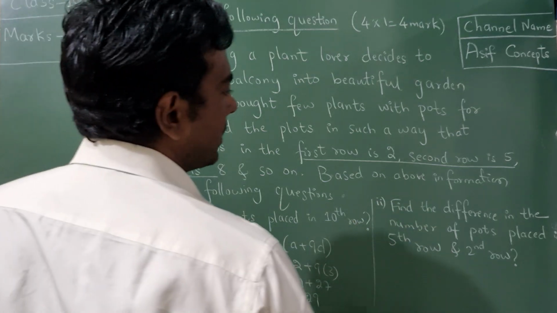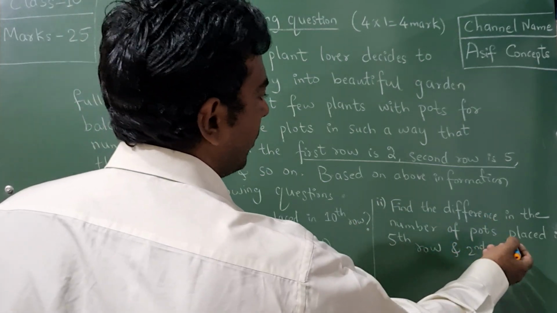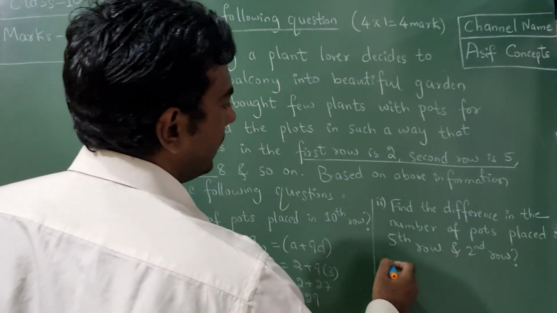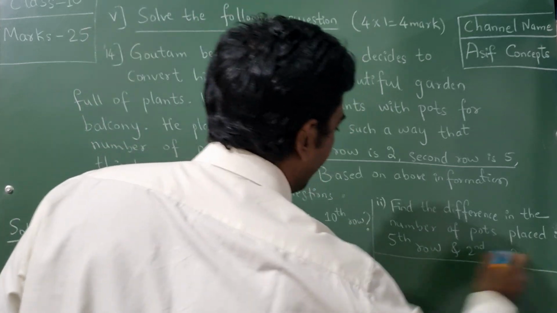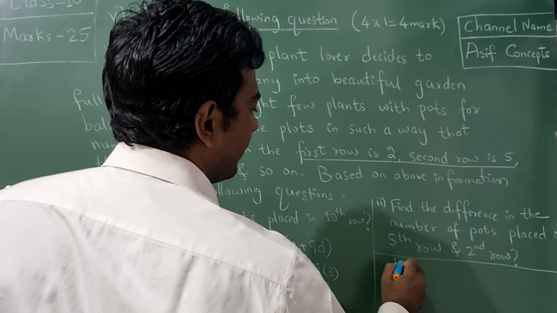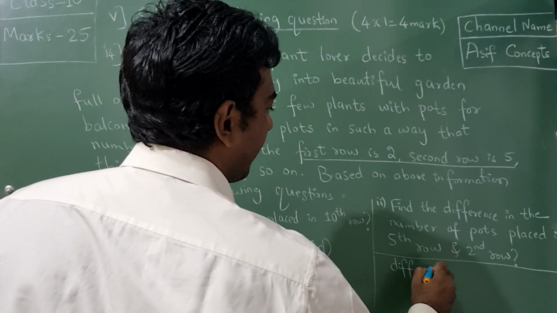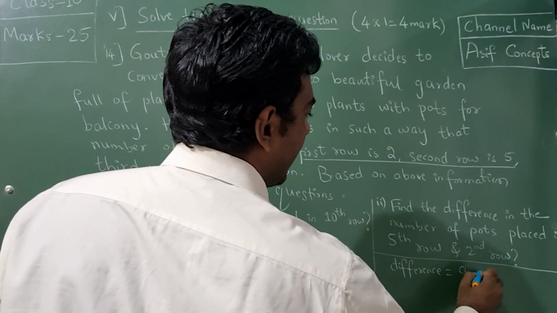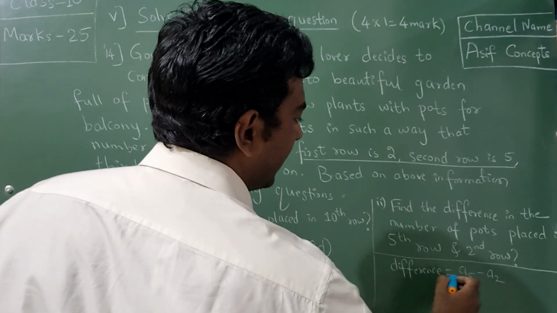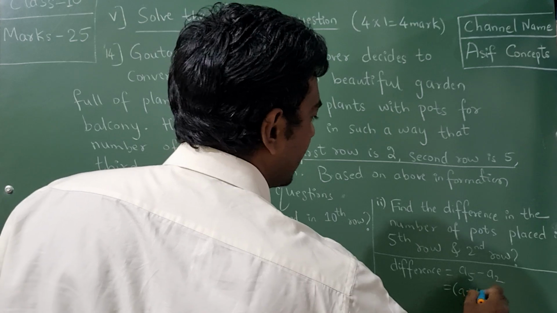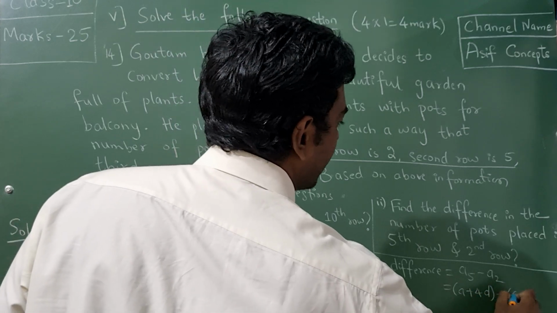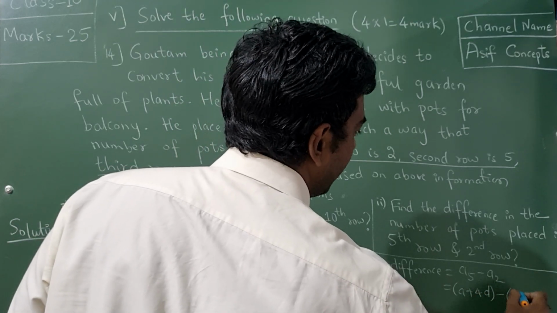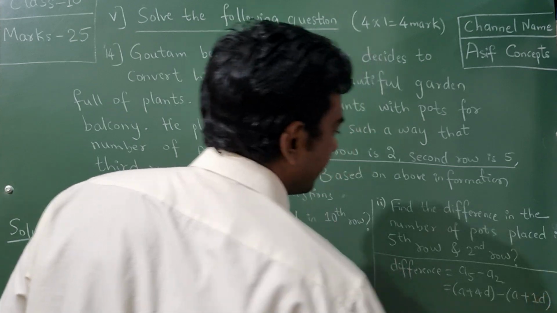Now the second question is: find the difference in the number of pots placed in the 5th row and the second row. So the difference is A5 minus A2. A5 means A plus 4D minus A2, which is A plus 1D.